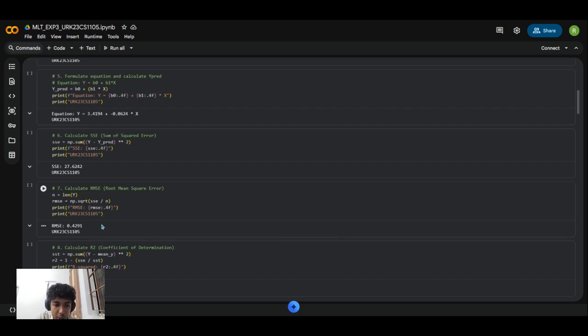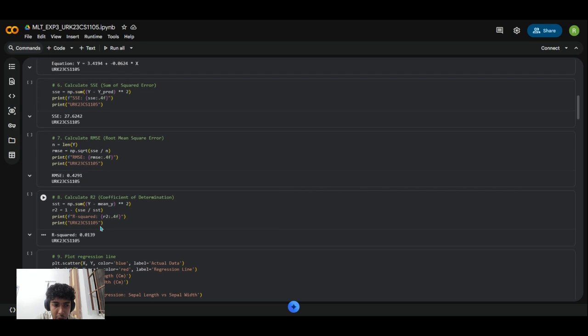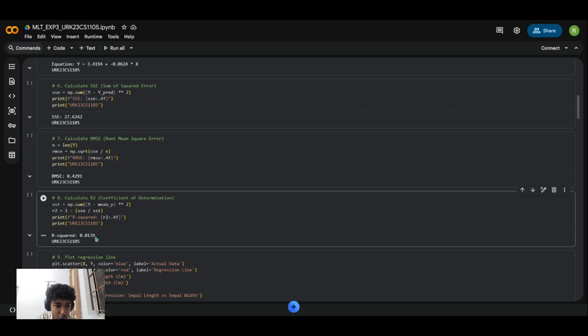Then the eighth question is the R square score. The equation is given here, and we've gotten 0.0139. So the meaning is only 1.39% of variation in the width is explained by length.